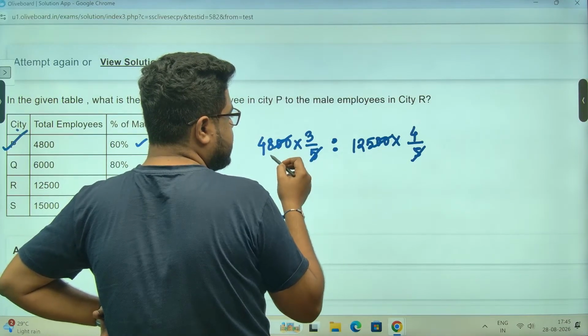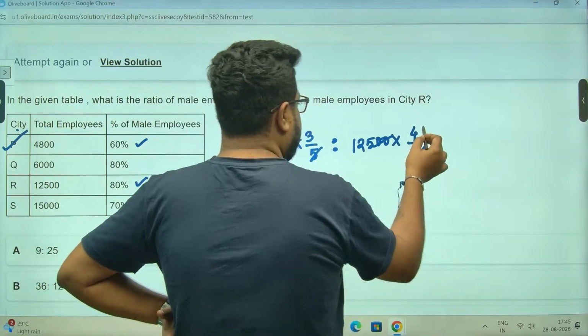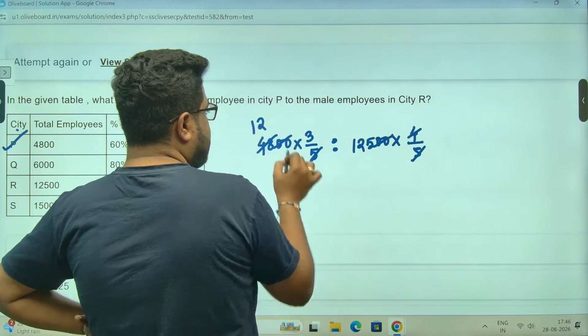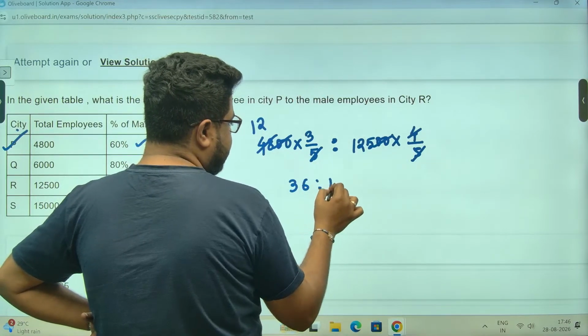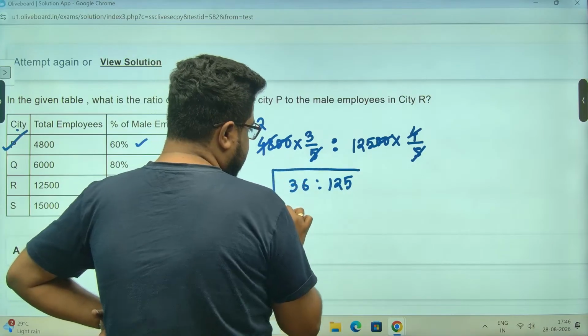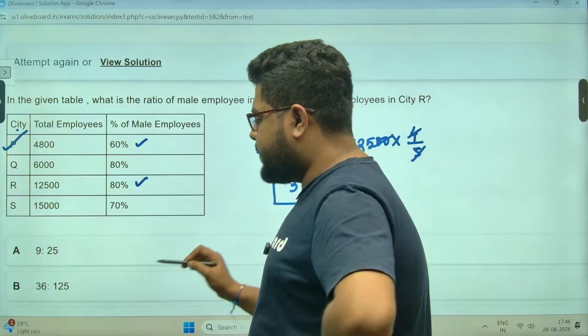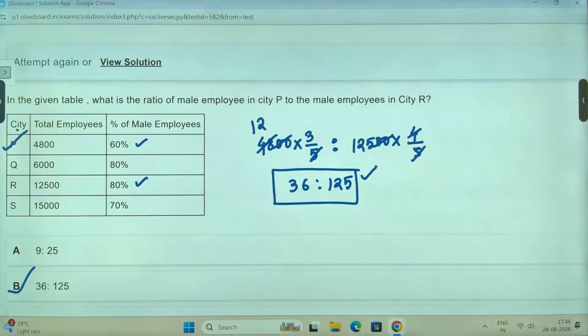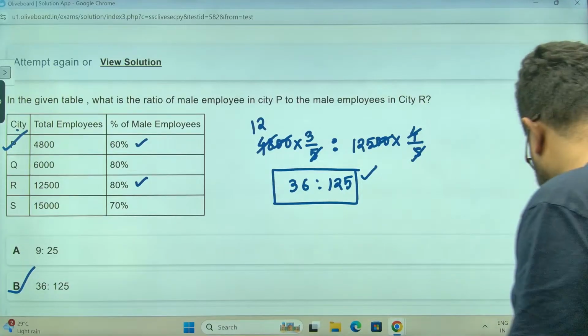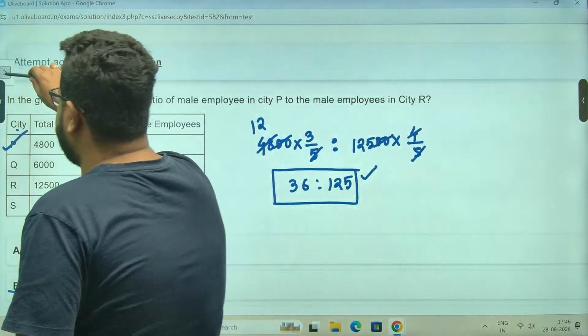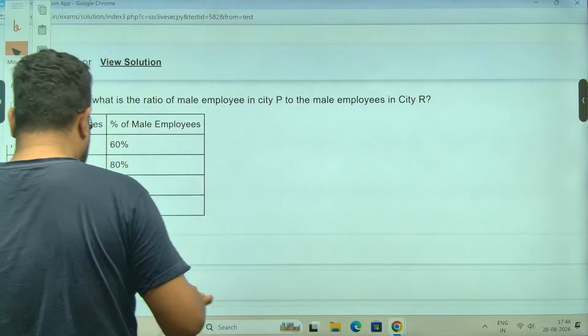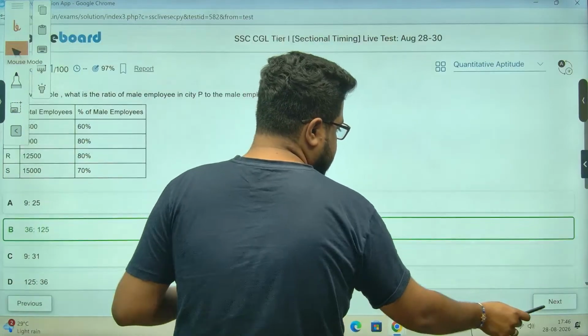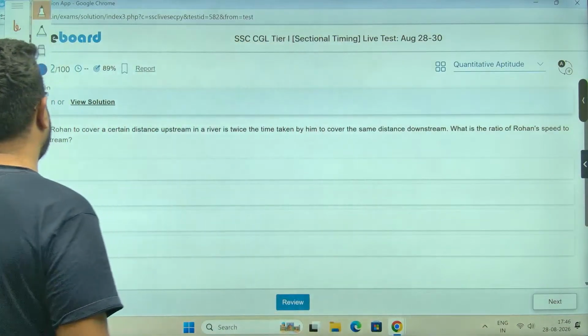Anything else? 4 12s are this. 36 ratio 125 is the answer. 36 ratio 125, option B, I can see that's the correct answer. Cannot see the other two options, but again, I don't need it. Clear, everyone, sir? Simple question, sir. Next one, please.